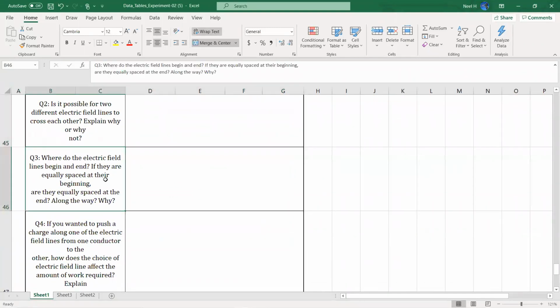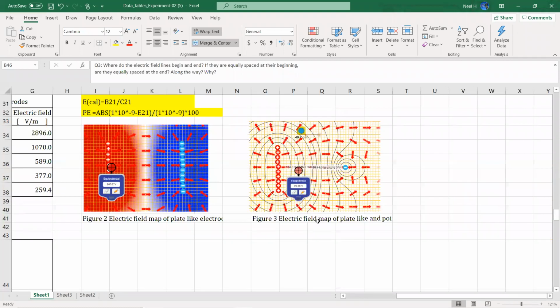And where do the electric field lines begin and end? If they are equally spaced at their beginning, are they equally spaced at the end? Yeah, go ahead. Wait, so what did you name figure 3? Figure 3, we name as electric field map of plate-like and point-like electrode.